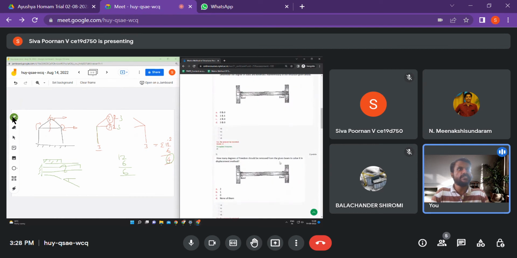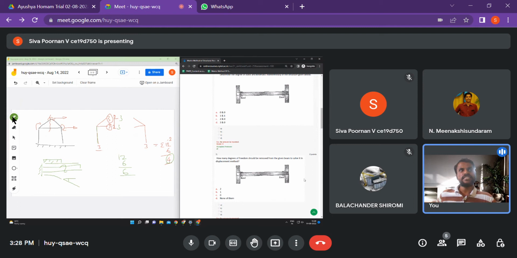How many degrees of freedom should be removed from this beam to solve it as a displacement problem? So displacement method, what is the answer? Think about it. The question is put in a different way, but if I rephrase it, you will be able to answer it.